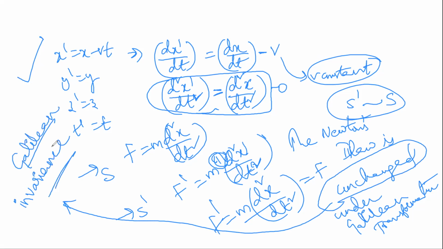This phenomenon is called Galilean invariance. That means basic laws of physics are identical in all inertial frames of reference with respect to Galilean transformations. So such type of invariance is called Galilean invariance. Okay. Now we can even go for momentum. It is also not varying.